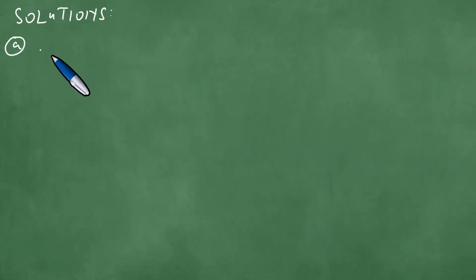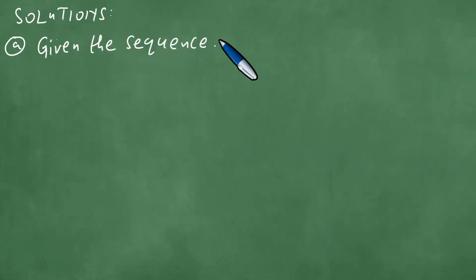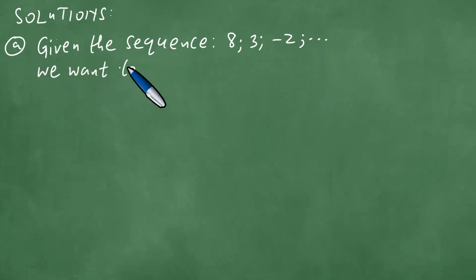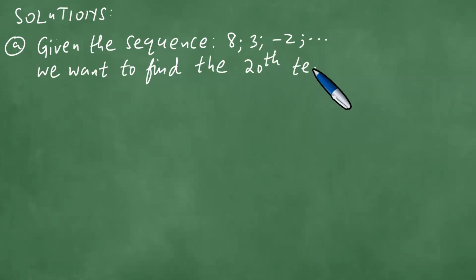In A, remember that we have been given the sequence 8, 3, minus 2, and we want to find the nth term.